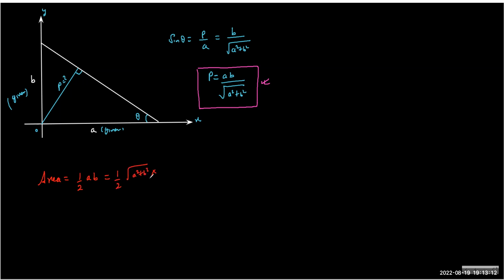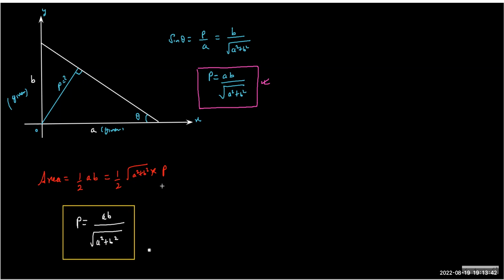If I take that as the base, what is the height? If I choose this as the base, this is the height. So I can also write half into this into P. And therefore the P turns out to be how much? AB upon under root of A square plus B square.